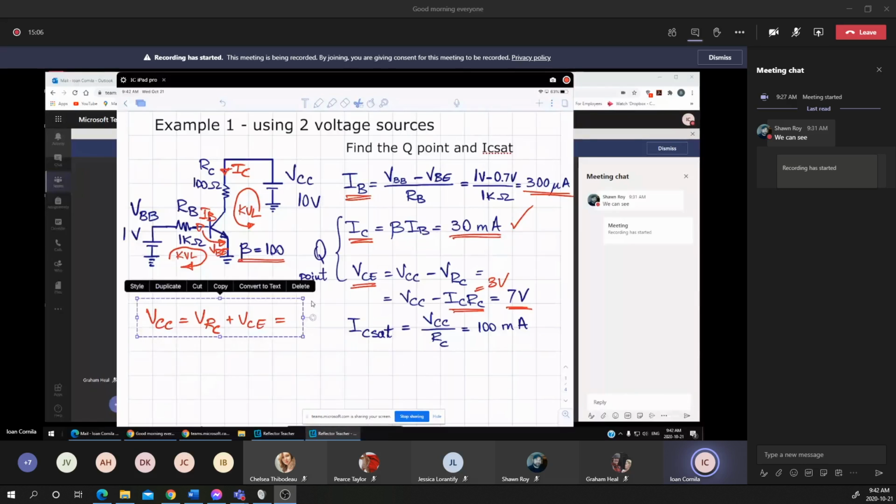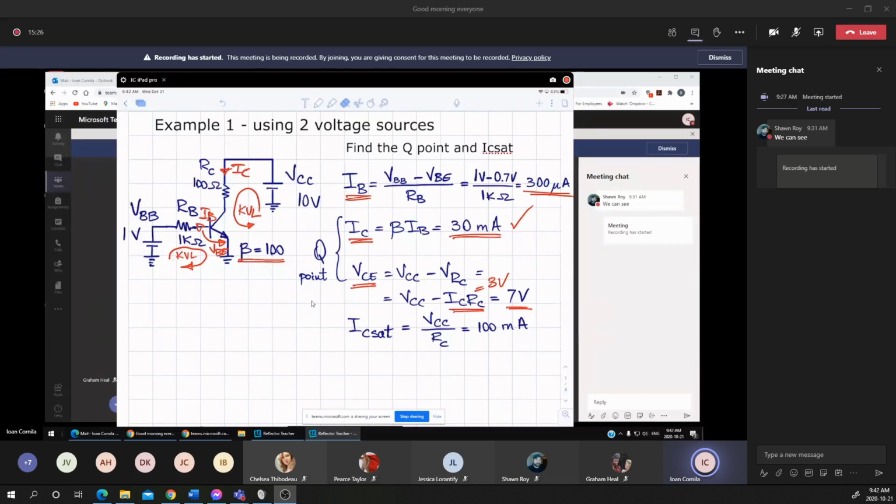You may find in some problems that it is required to determine the saturation current. The saturation current, again, can be found from the same output loop, when the current is the maximum in this circuit.